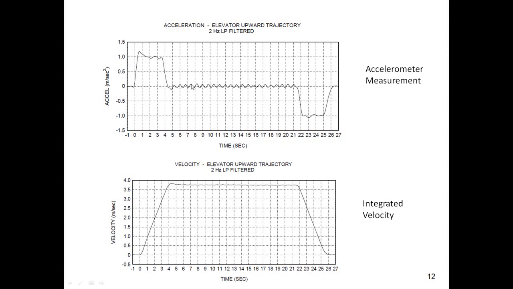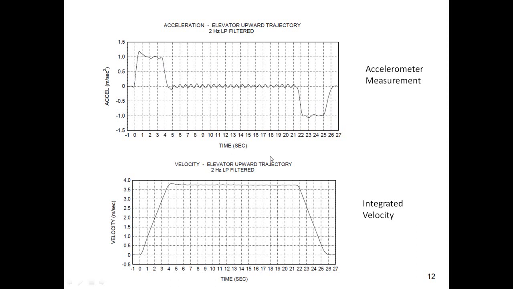Then during the constant velocity part of the ride, there is a little ripple effect going on, probably some resonance between the elevator and its different cables and springs and so on. And then for the deceleration, you can see it's almost an inverted reflection of the acceleration. And that's what it takes to decelerate that elevator to arrive at the top floor.